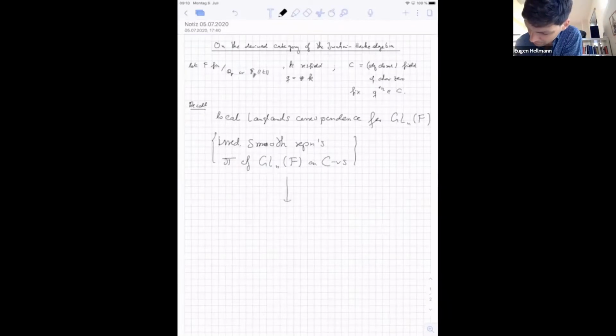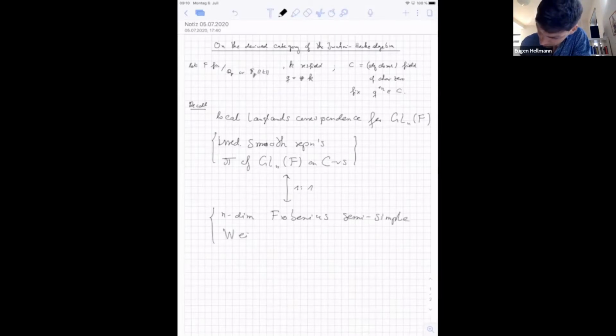And they are supposed to be in bijection with what are called n-dimensional Frobenius semi-simple so-called Weil-Deligne representations, and I'm going to explain what this is, say (rho, N), also on C-vector spaces.